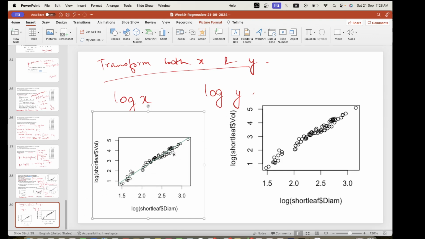Now this one seems to fit the regression well.